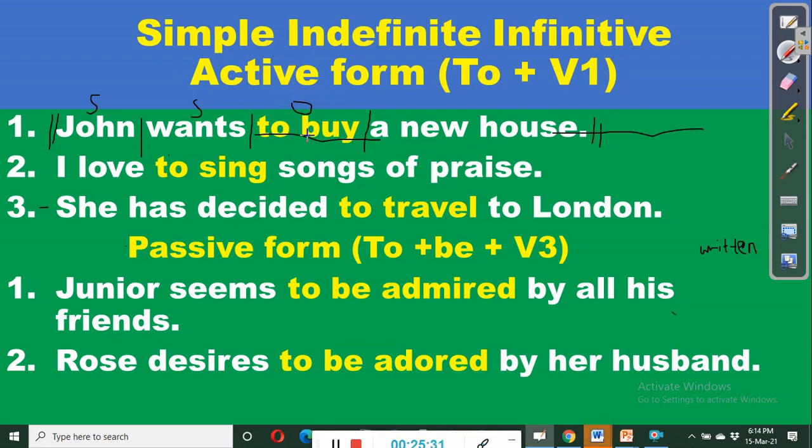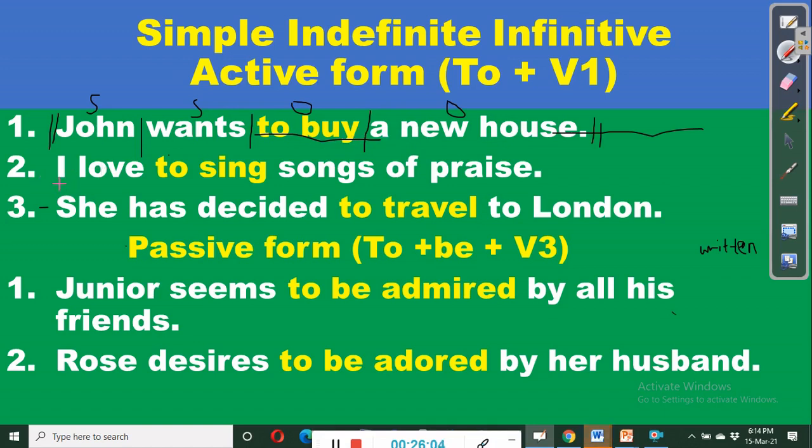That is what shows you that this infinitive is functioning as a noun, not as a verb. Are you getting the real sense in this? Now, you see that this is an object. A house is also an object. Of course, you ought to know that we have two types of objects. We have the direct object and the indirect object. All right? John wants to buy a new house.